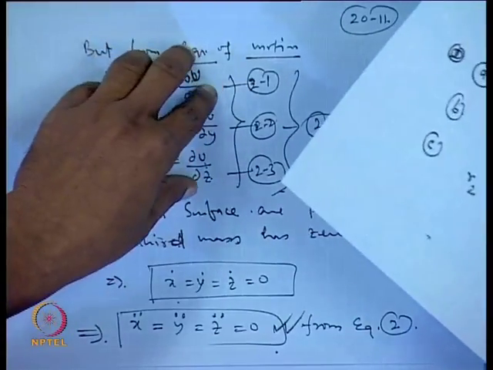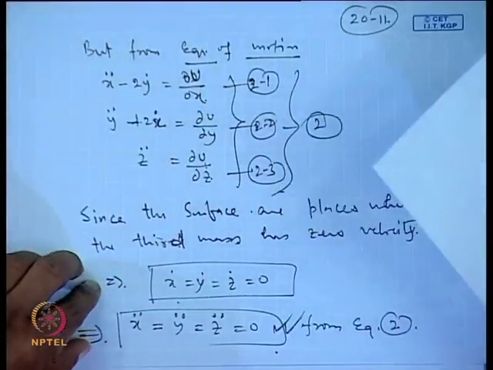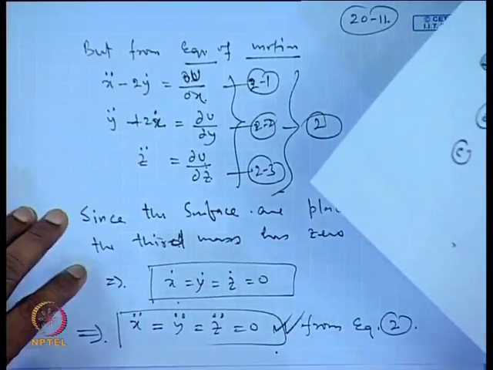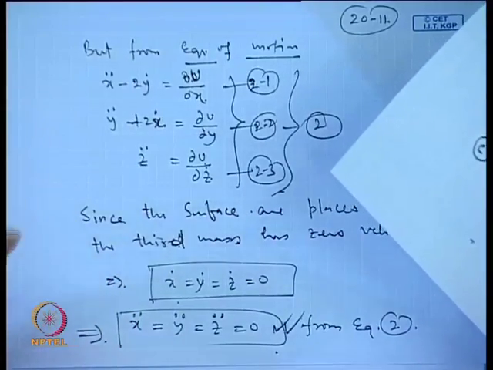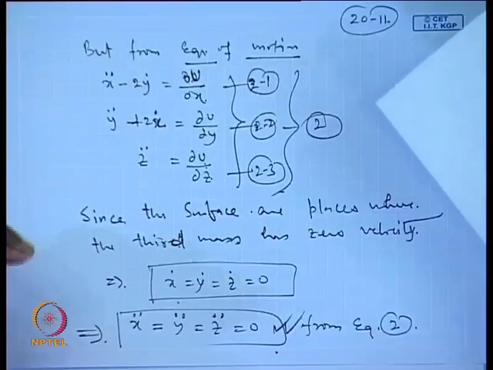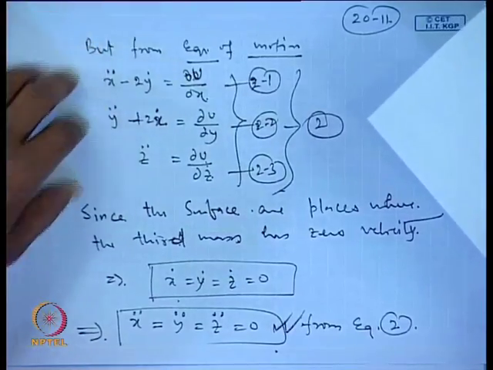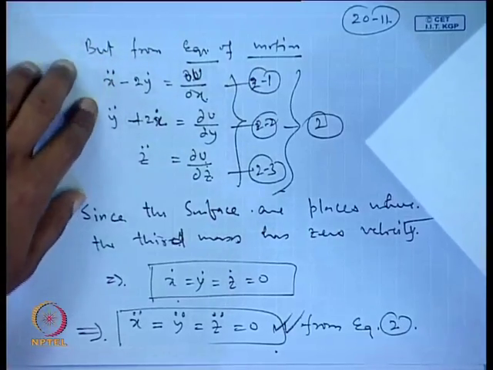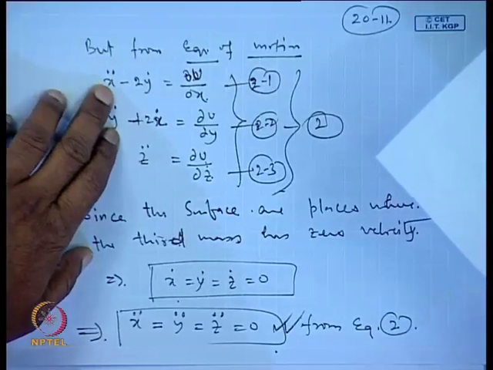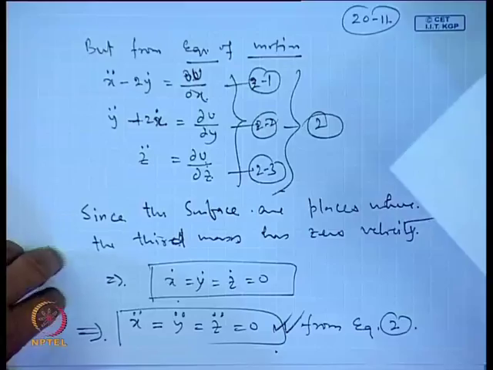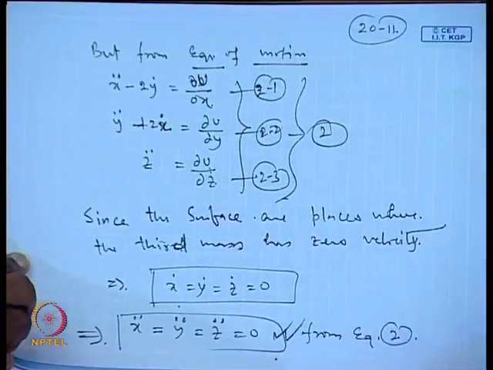So, from this integral we are getting back the result that there are points where there is no acceleration. We do not have to assume that these are the points where the acceleration will be 0. This is a very good result, and both ways it confirms that even if we proceed from the Jacobi integral we get the same result as when we start from the equation of motion, assuming x double dot and y double dot equal to 0.